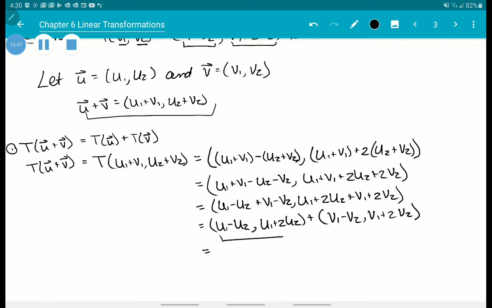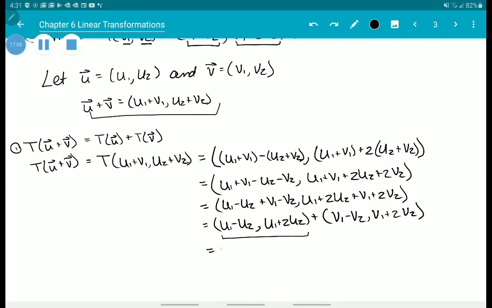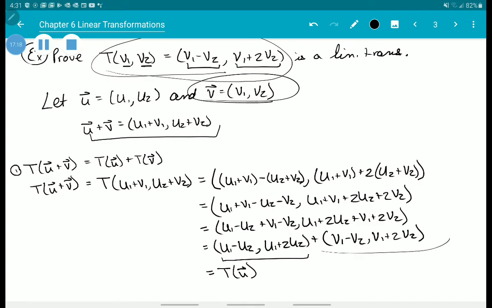Notice that if I were to add these two vectors together, I will get that previous step. So everything we've done is legal. Now, this would be the transformation of U. If we were to apply this transformation to U, we would have this piece. And if we were to apply this transformation to V, we would get that.